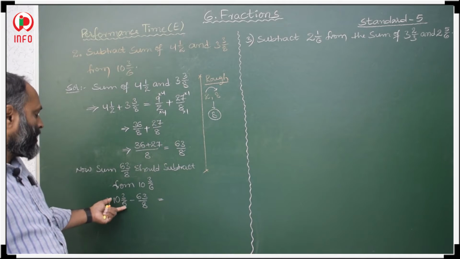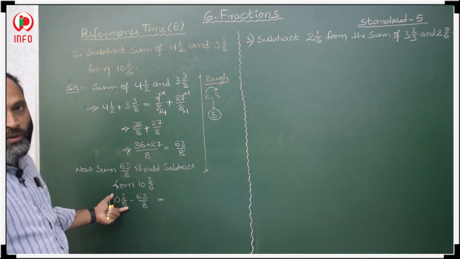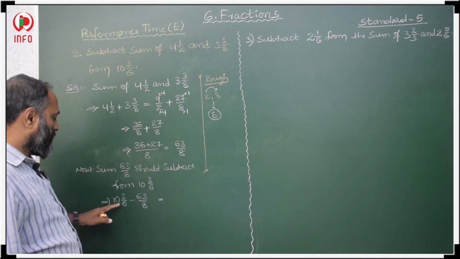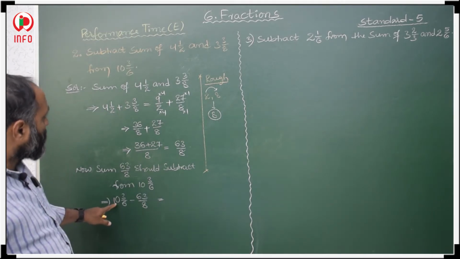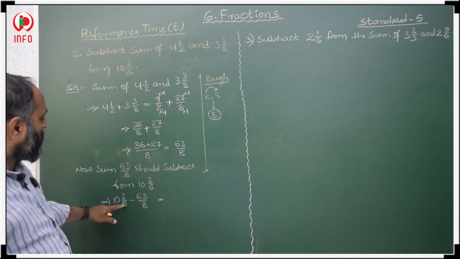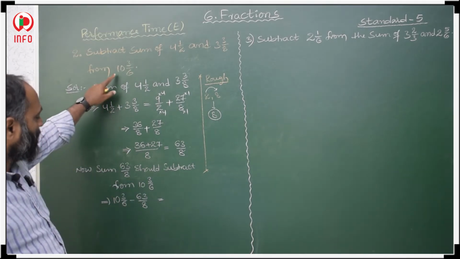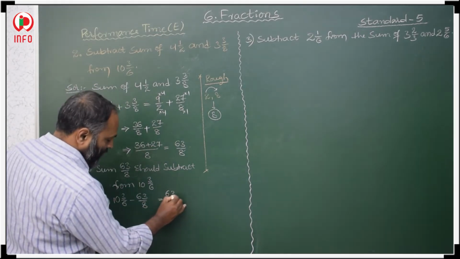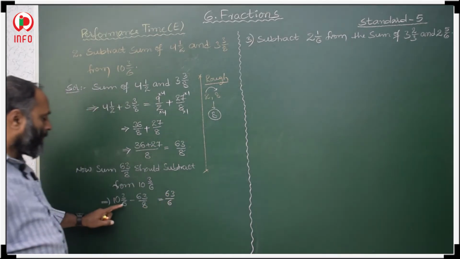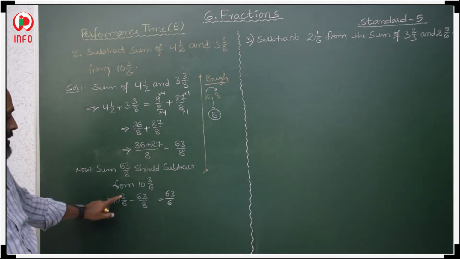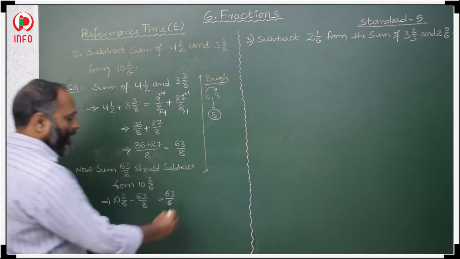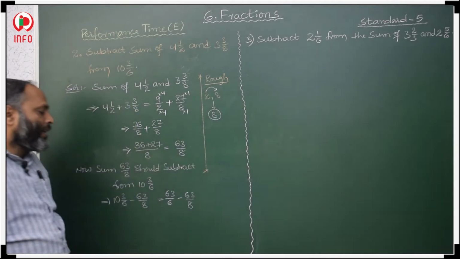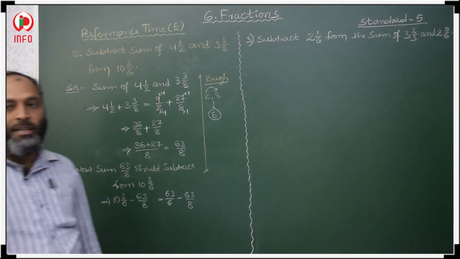So this mixed fraction we have to convert into improper: 6 tens are 60, 60 plus 3 is 63, so 63/6. Now we have 63/6 minus 63/8.